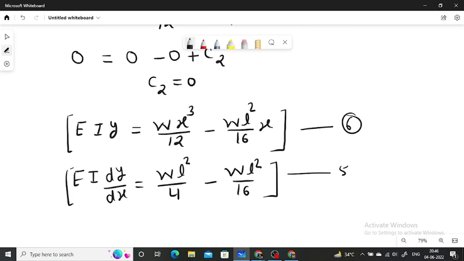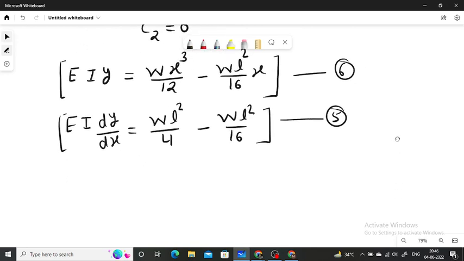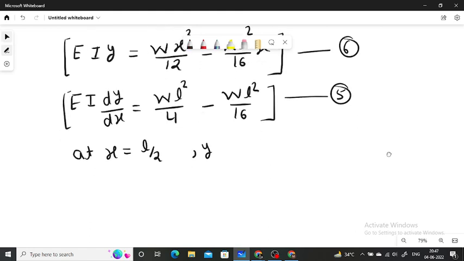Now for determining the maximum deflection in the case of a simply supported beam, when a symmetrical load is applied on a simply supported beam, deflection will be the maximum at the middle of this beam. So at x is equal to L by 2, deflection will be maximum.